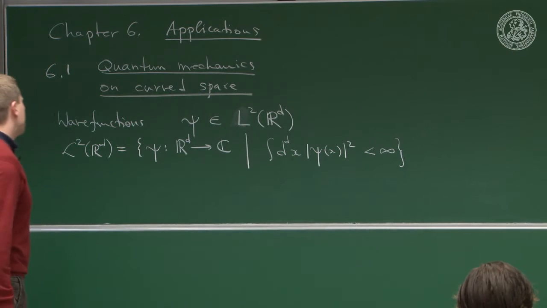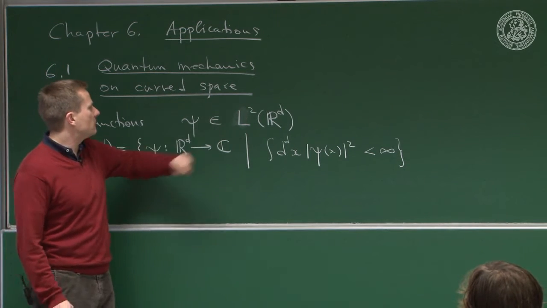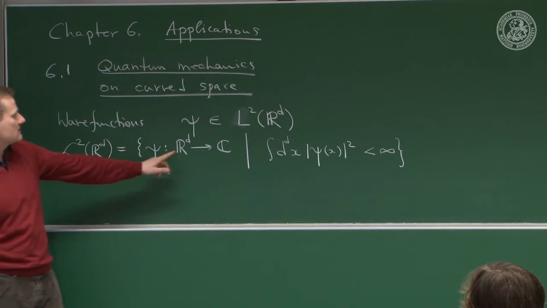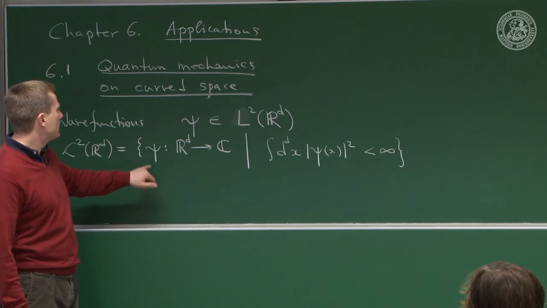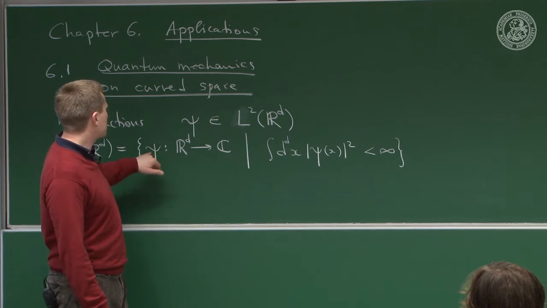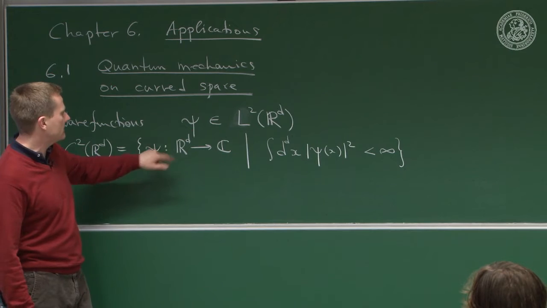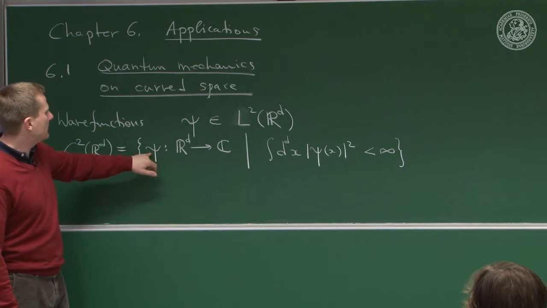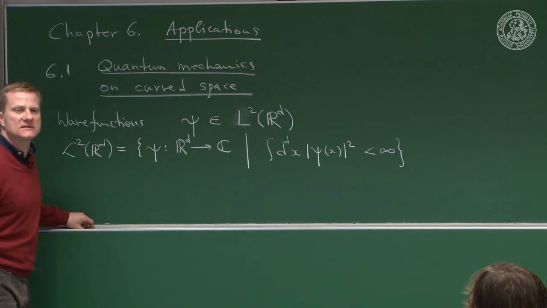Now, this space is not this space, because in this space we only look at the equivalence classes of such functions, where any two elements are identified if their difference has a vanishing integral of this type.